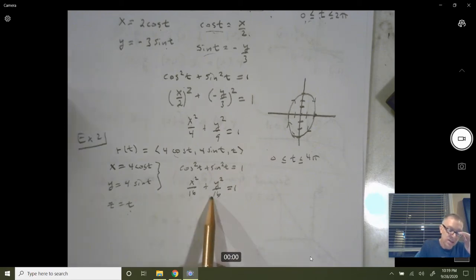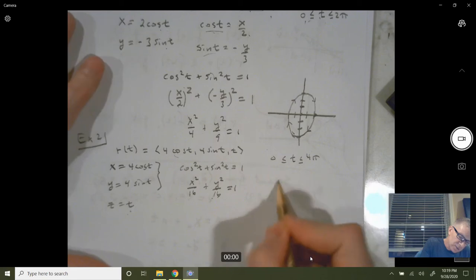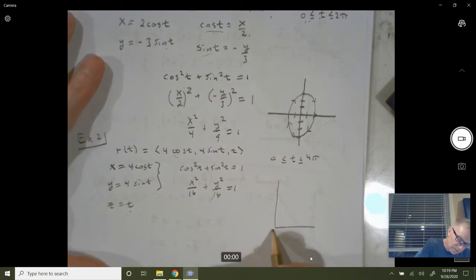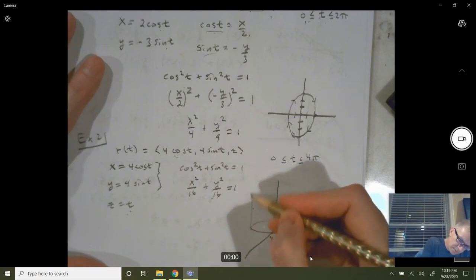So this thing here is actually in 3 dimensions. It's a circular cylinder with a radius of 4. So on the xy plane, you would have this circular cylinder. This would be at 4. And this would be at 4 also. And we've got a cylinder.